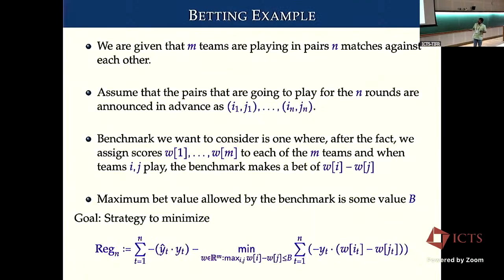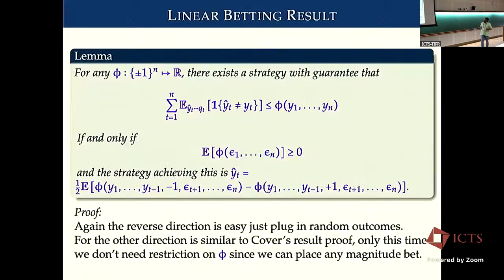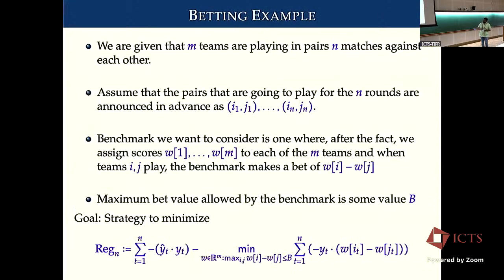All right. Okay, so this was the question that I left you guys with. Let's think about a simple betting game where we have m teams that want to play with each other. These are pairs of teams playing against each other, right?